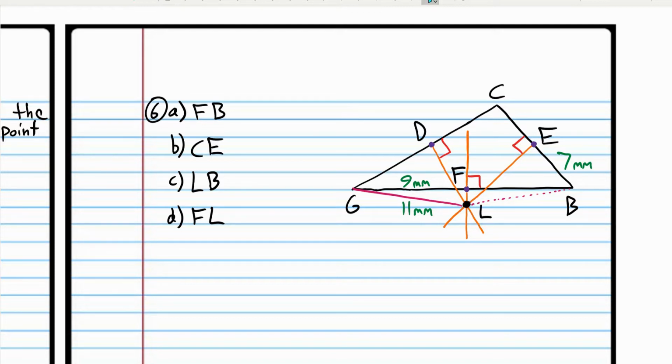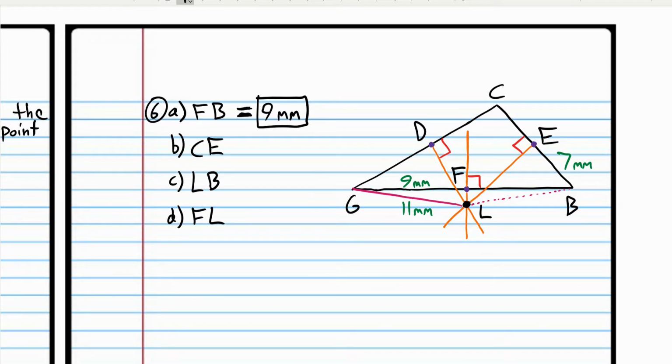So if we know point L is the circumcenter, and we know that these segments are going through the circumcenter and they're perpendicular to the sides because of those red boxes, we know that these orange segments are perpendicular bisectors. So that means if this length is 9, this length must be 9 also. So FB is 9 millimeters.